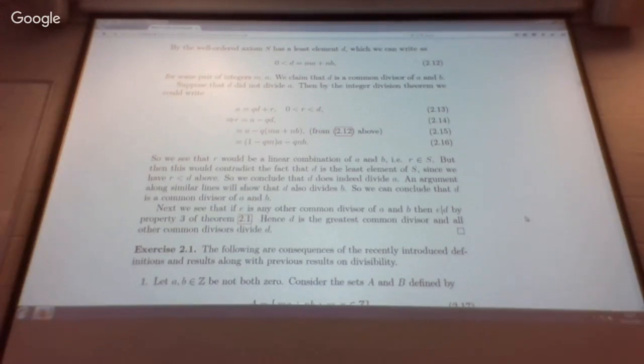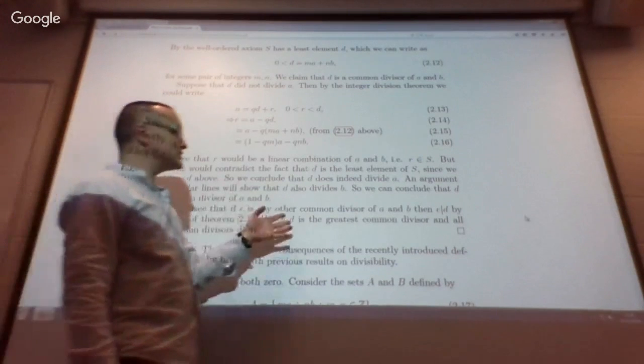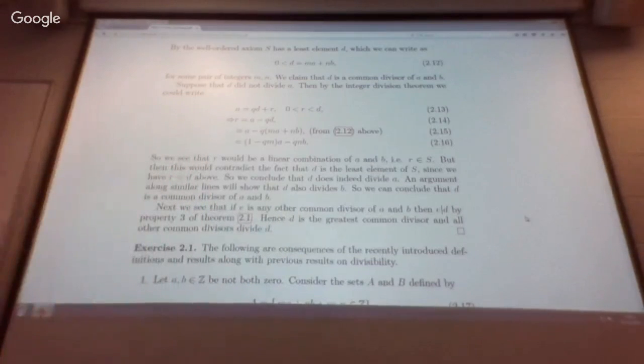If you've got any common divisor of A and B, it automatically divides any linear combination of A and B. So if any other common divisor of A and B divides into D, it must be that D is the greatest common divisor.